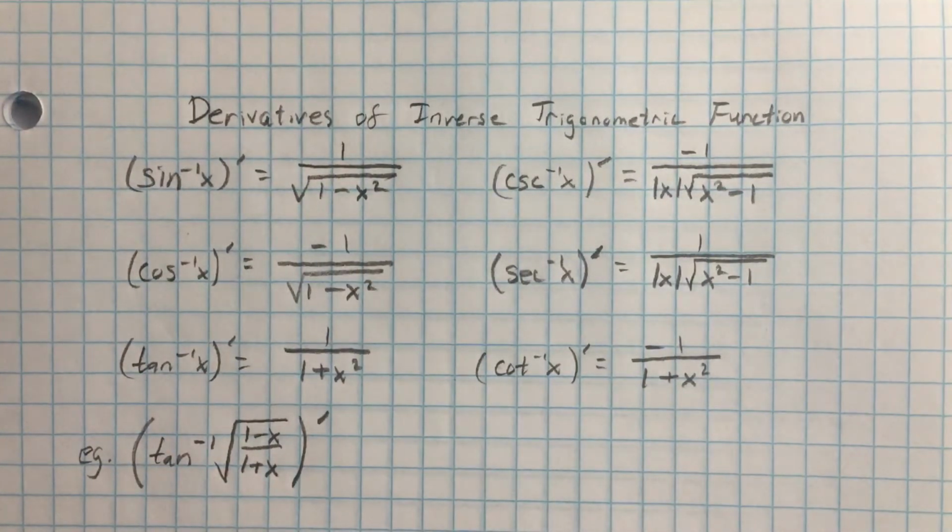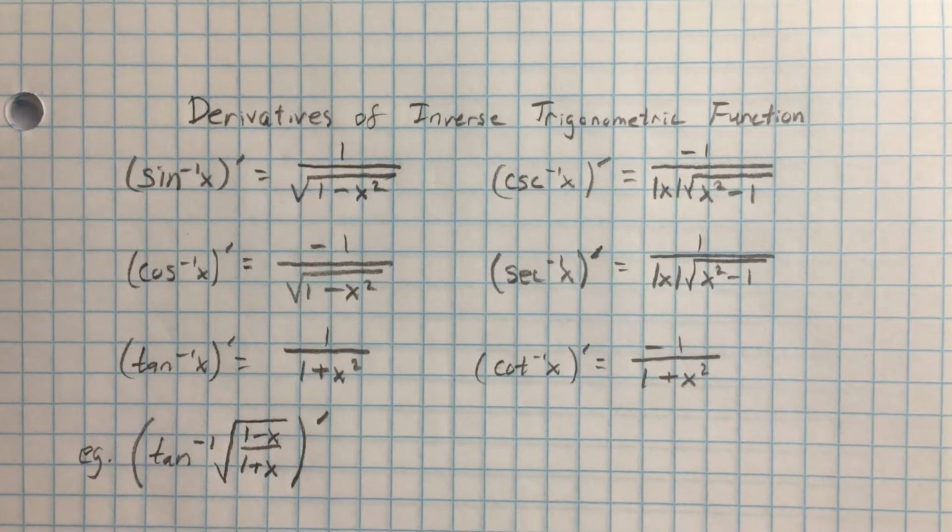There is something a little interesting about the derivatives of these inverse trig functions. Unlike the original trig function derivatives, right, the derivative of sine is cos, the derivative of cos is negative sine, and so forth, for all the original 6, they are all trig functions back again in some combination.